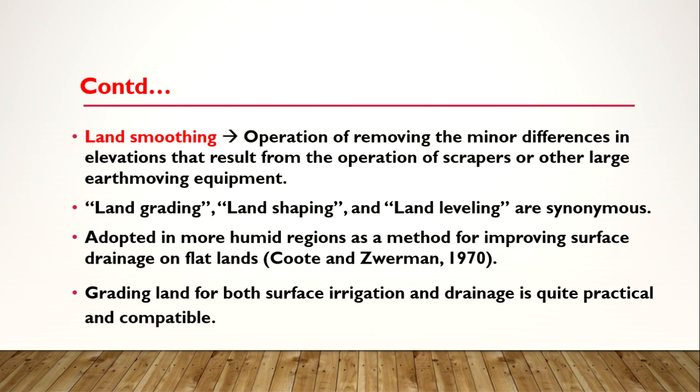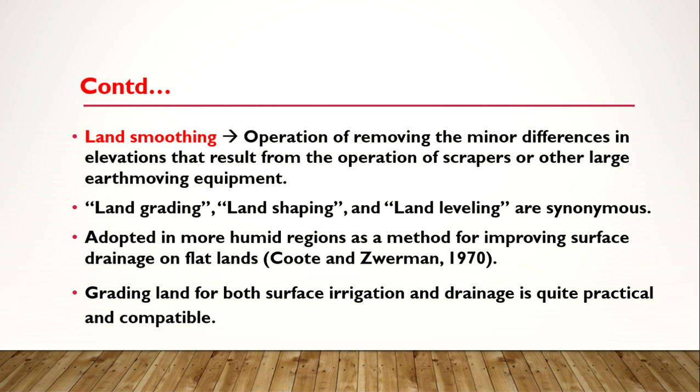After making that slope, due to the operation of some equipment, there may be some ditches or uneven surfaces over the land. So we have to smooth the land. Those uneven depressions or uneven surfaces have to be smoothened. That process is known as land smoothing. Land grading, land shaping, and land leveling are synonymous. They can be used synonymously.